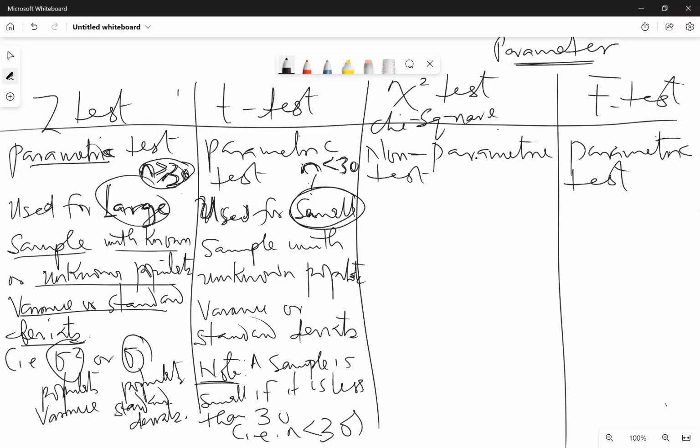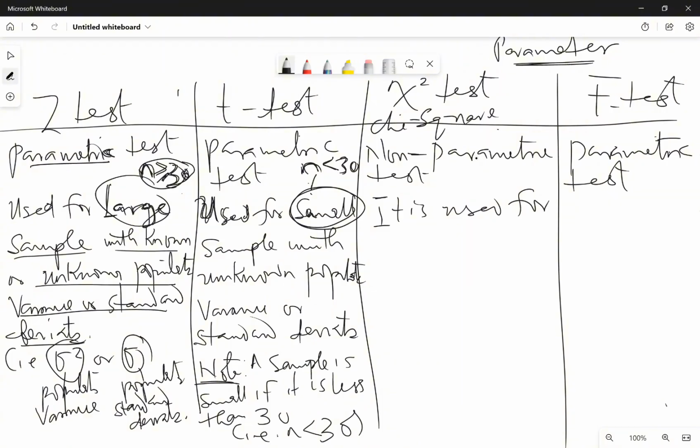Now, chi-square is used for non-parametric test. I've said that non-parametric test. So in that one, there's nothing like sample is small or is large, right?